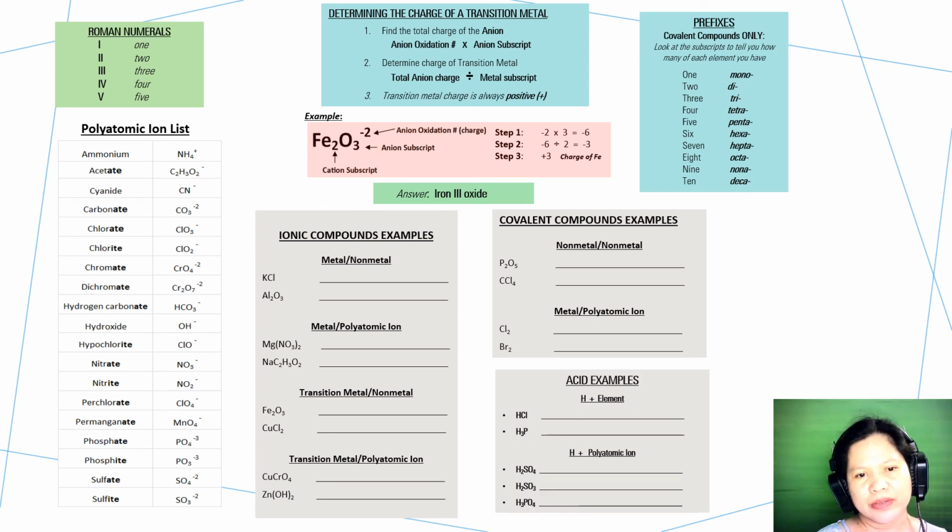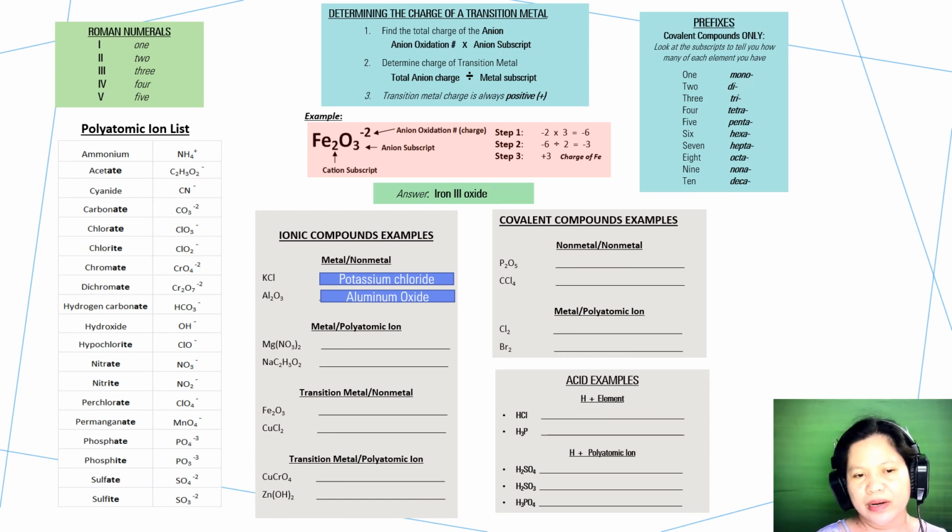Ionic compounds, example, metal and non-metal. So you have chlorine and potassium. So name first the metal and second the non-metal, changing to IDE. So you have potassium chloride. Okay, number 2, that will be aluminum oxide.